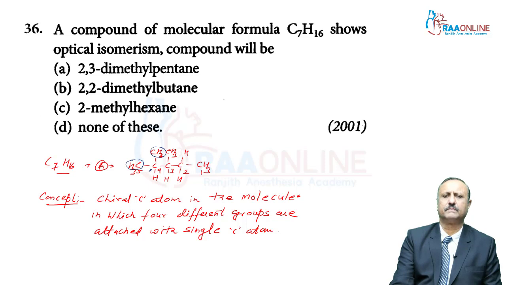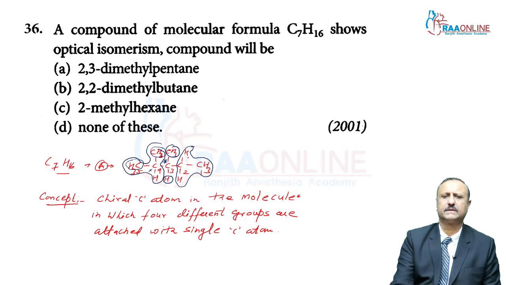Here you can see this methyl has hydrogen present, and in this form this is not a chiral carbon atom. But in this compound, this is 1, this is 2, this whole molecule is 3, and this whole molecule is 4.